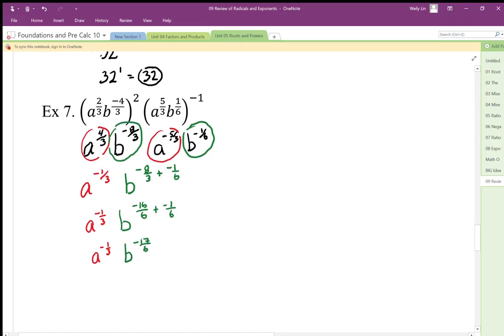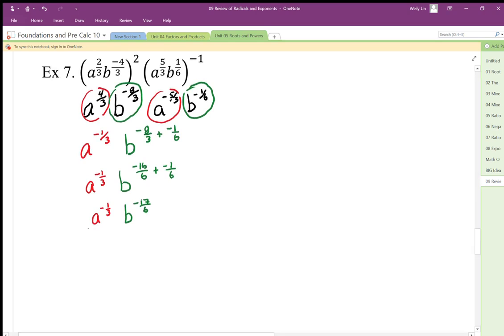Now, since these are negative powers, although this is good enough, I'm going to rewrite this as 1 over a to the 1/3, b to the power 17 over 6. Okay, so there's my answer.